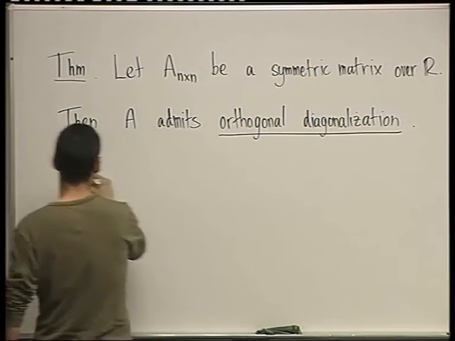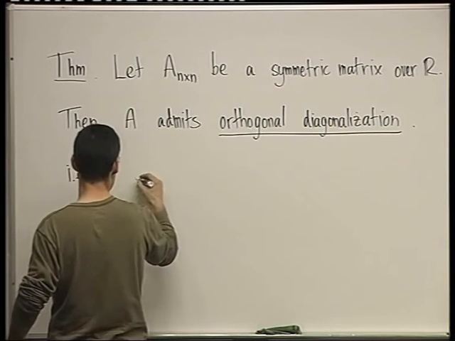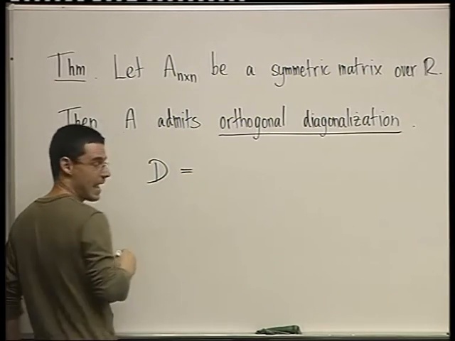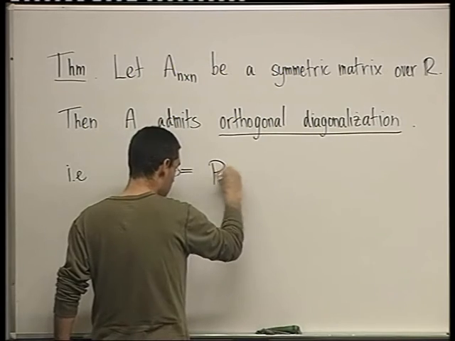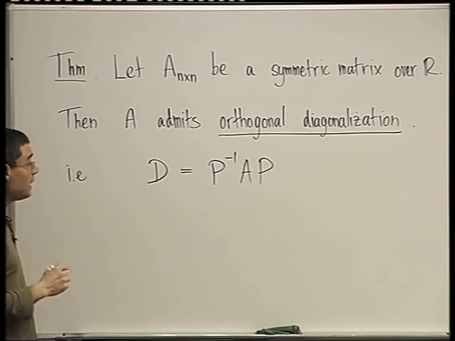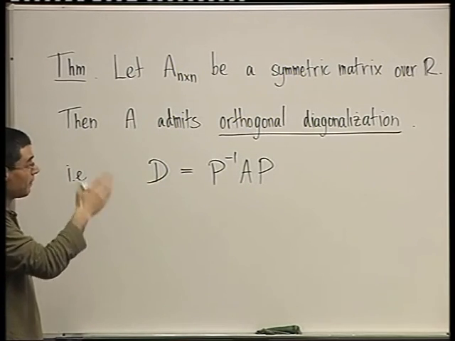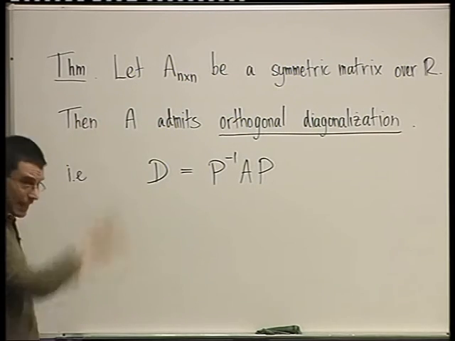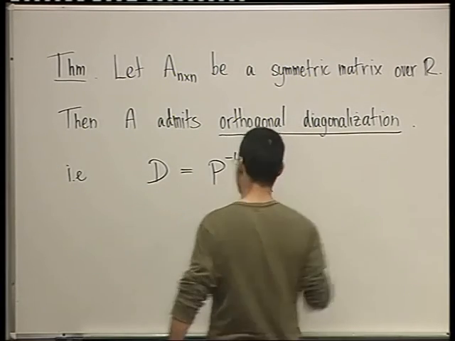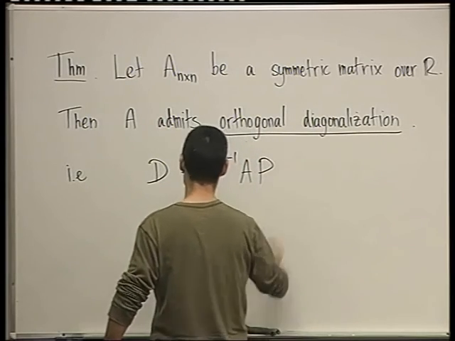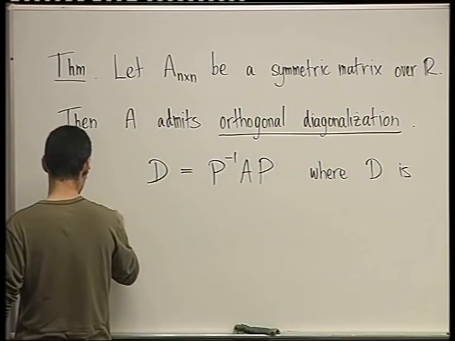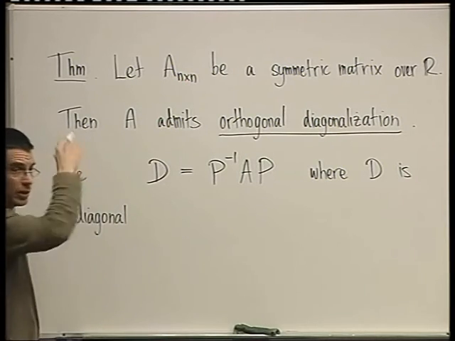It means, i.e., A has a diagonal form, D, and saying that A has a diagonal form, there is an invertible P such that D equals P inverse AP, right? They're similar via that P. The P is going to have the eigenvectors as columns, remember? So D equals P inverse AP, where D is diagonal, and it's not a different D. D has the eigenvalues along its main diagonal.